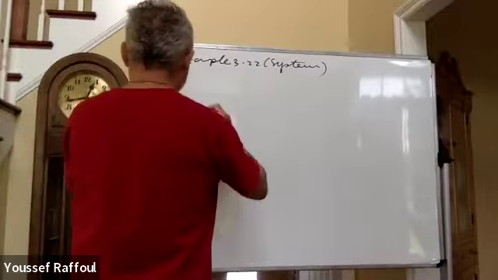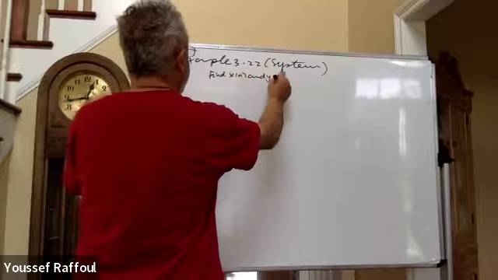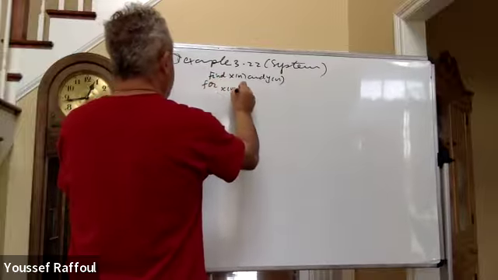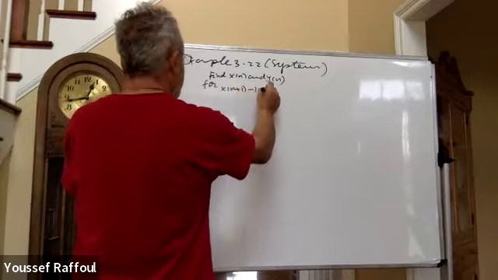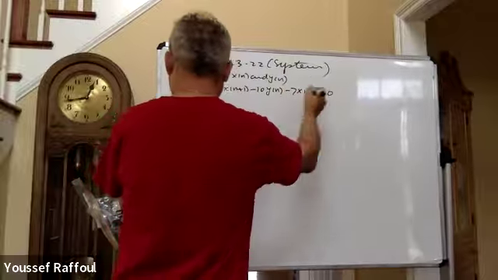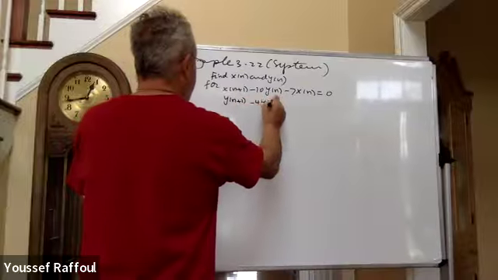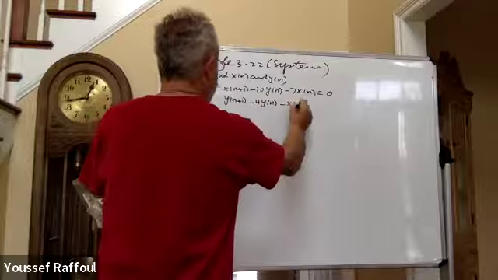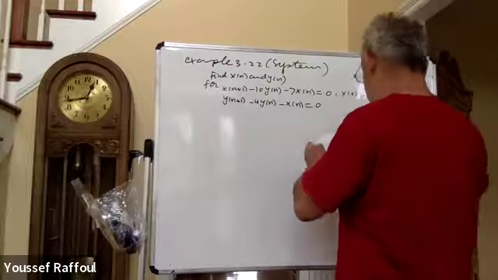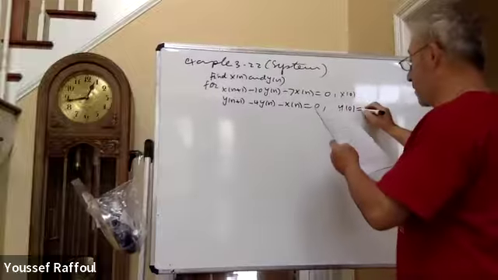Basically, find xn and yn for x(n+1) minus 10 yn minus 7 xn equals 0, and y(n+1) minus 4 yn minus xn equals 0. We have x of 0 is 3, and y of 0 is 2.